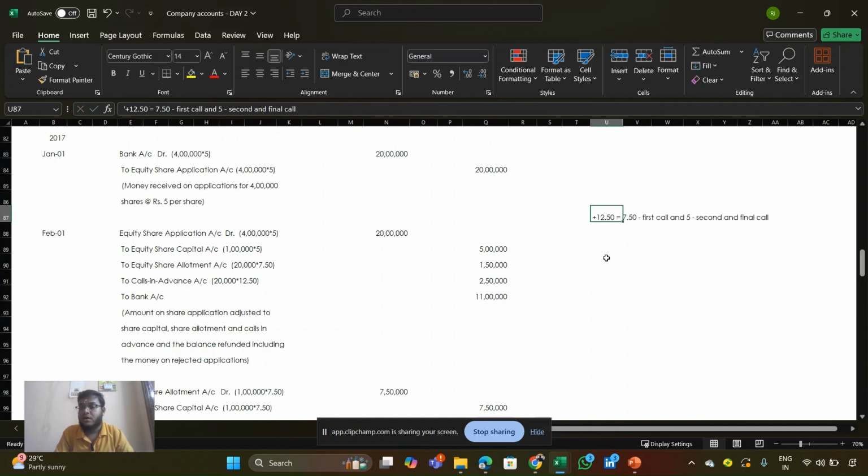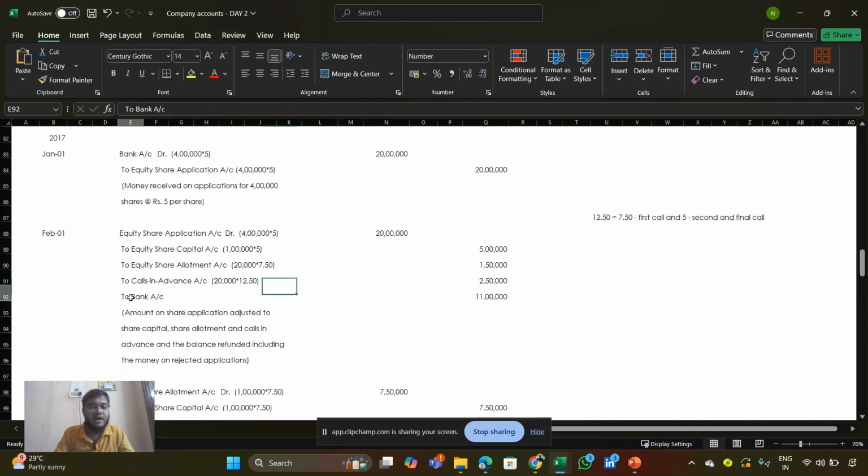So 12.5 is 7.5 for the first call and 5 for the second call. Both the calls we added, 12.5. The 12.5 is the calls in advance. 20,000 shares into 12.5 is calls in advance, and the balance is bank.